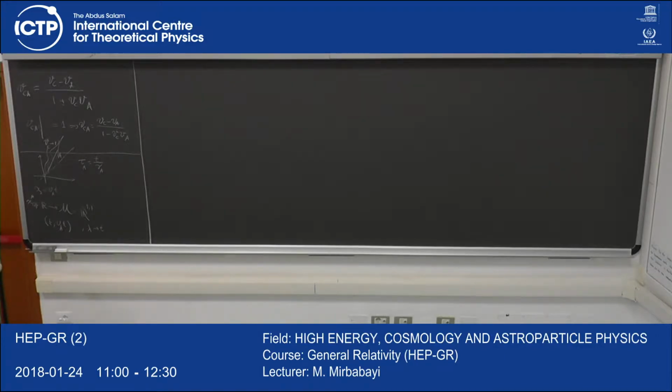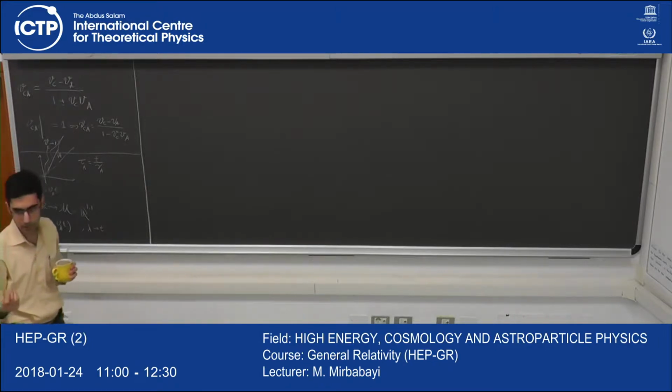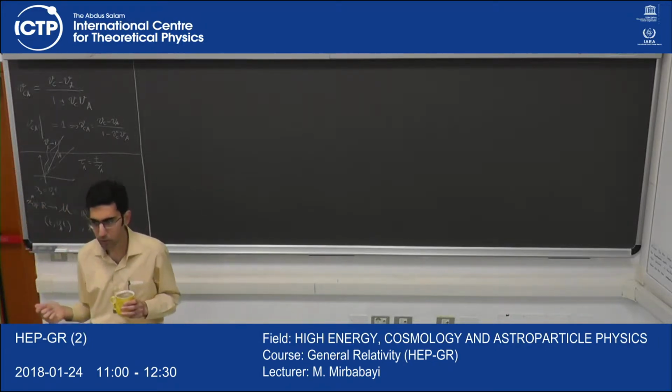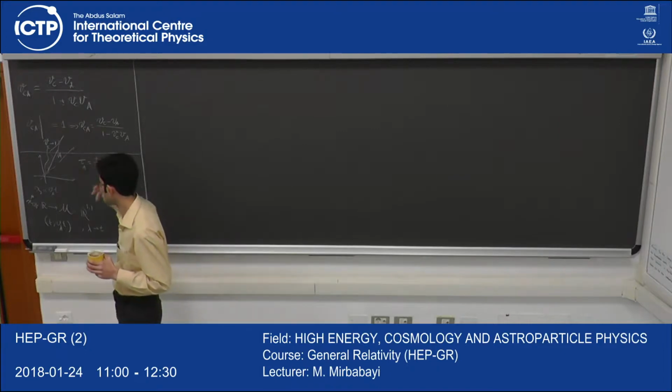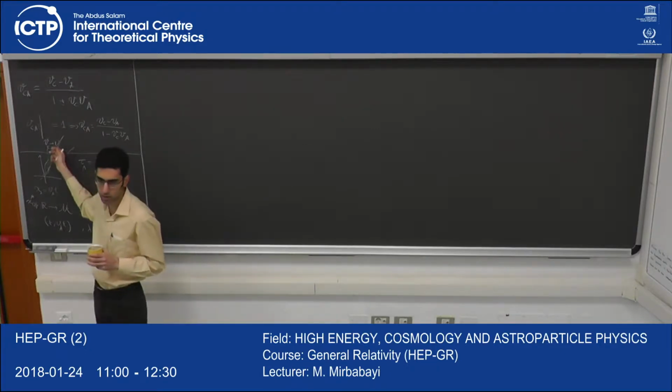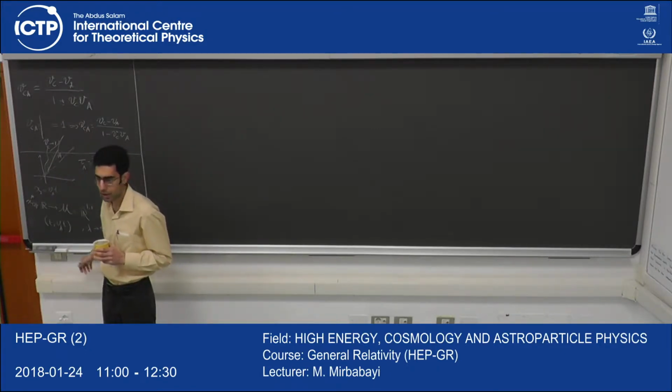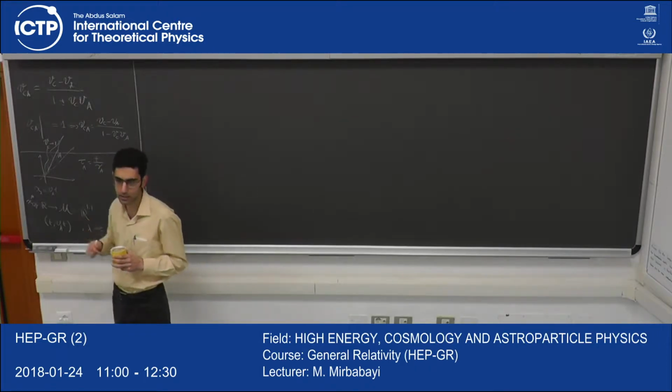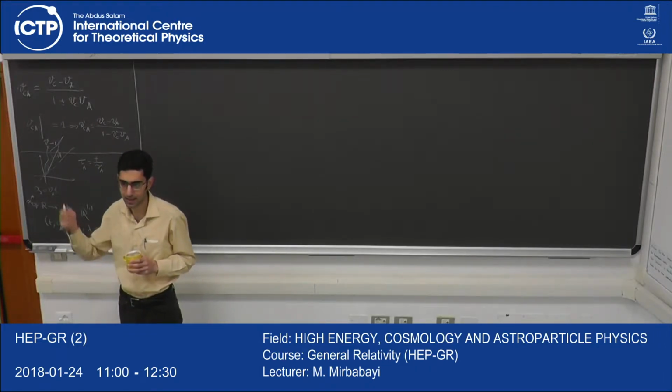Now you can have different forces or different dynamics that are consistent with this property, but give you different acceleration. Depending on what your dynamics is, you will get a different answer for the world line.